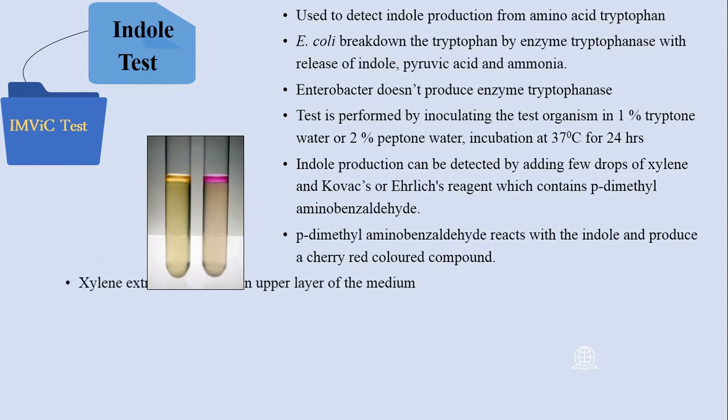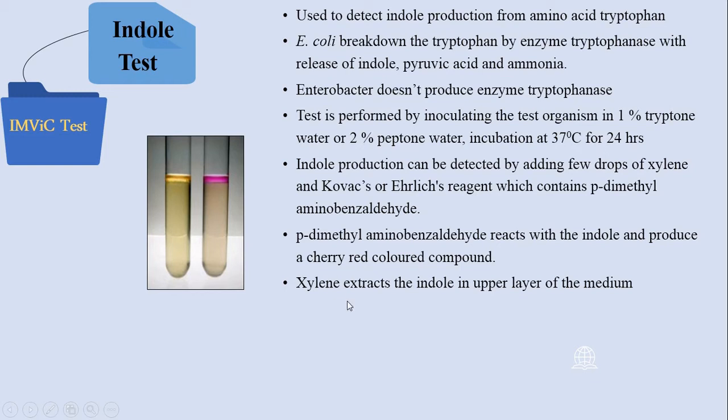Xylene is added to extract the indole in the upper layer of the medium. So you can see here in this image how a positive indole test looks. After the addition of xylene and Kovacs reagent to the medium, there is development of a pink or cherry red colored ring at the surface of the medium, which is an indication of a positive indole test.